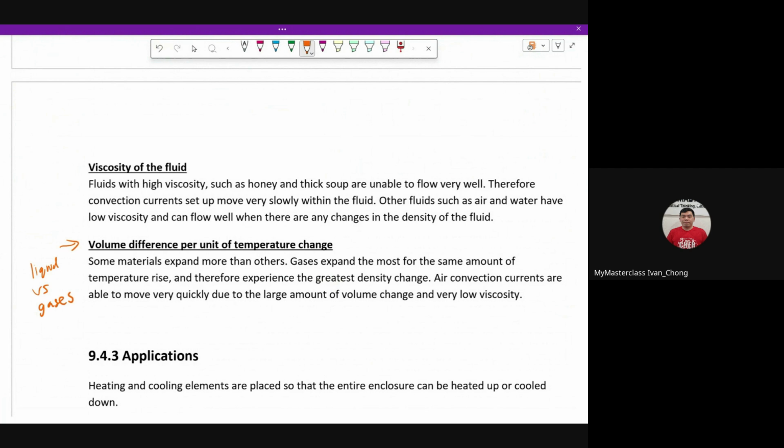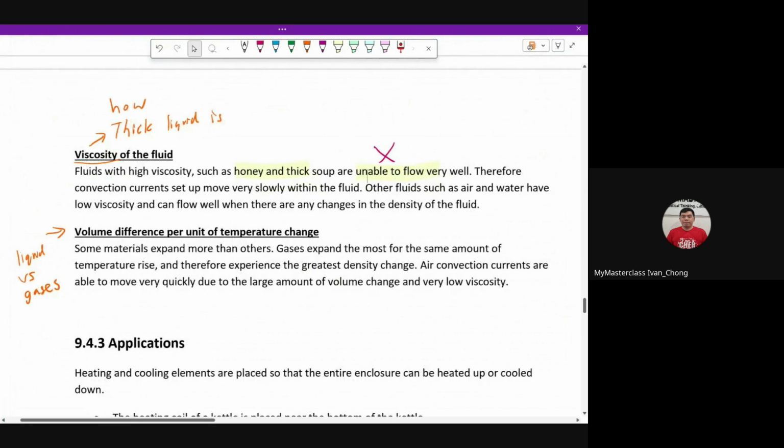Okay, so before we move on to that, let's talk about viscosity. This is how thick the liquid is. Normally liquids which are very thick, like soup or honey, don't flow very well. So because of that, we don't use them. We usually just use air and water.